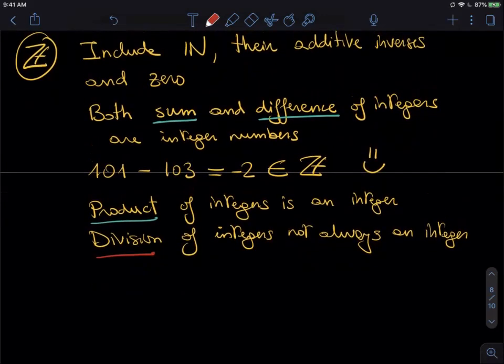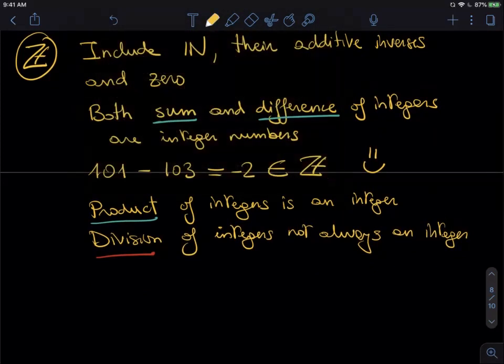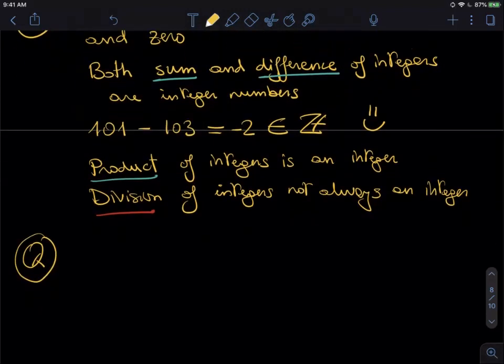So you see we have fixed one of the two problems of the naturals, but we still have the other problem. So for that, we can move on to the rational numbers. These ones contain all integers and their ratios.